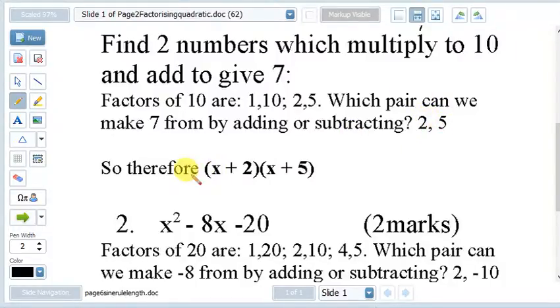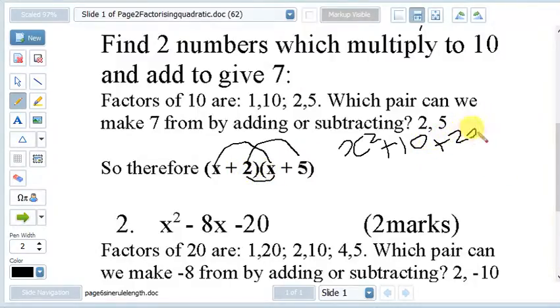Okay, and let's just test when we expand out these double brackets that it equals the original question. So x times x is x squared, and I'm going to do the eyebrows and chins method. 2 times 5 is 10, and then we times our 2 inner. 2 times x is 2x, and then we've got to times our last chin, so then it becomes plus 5x.